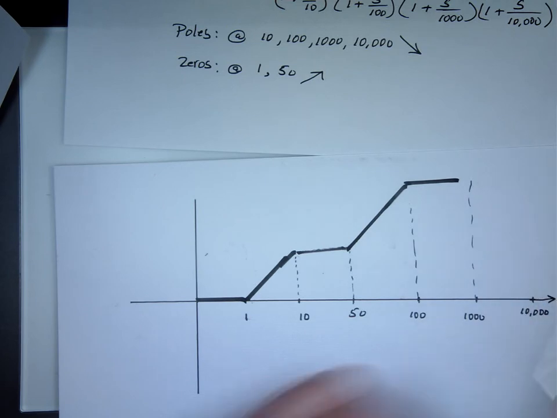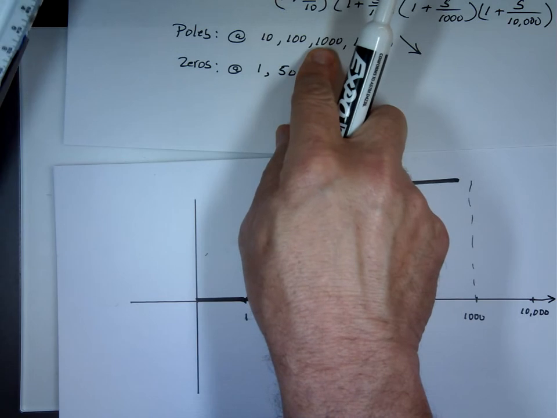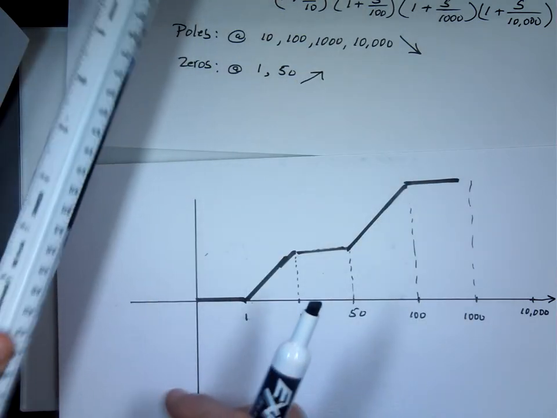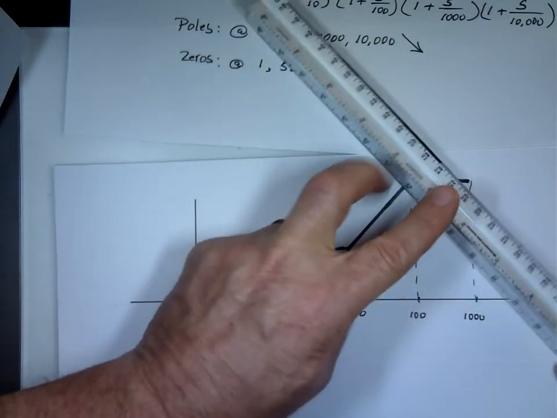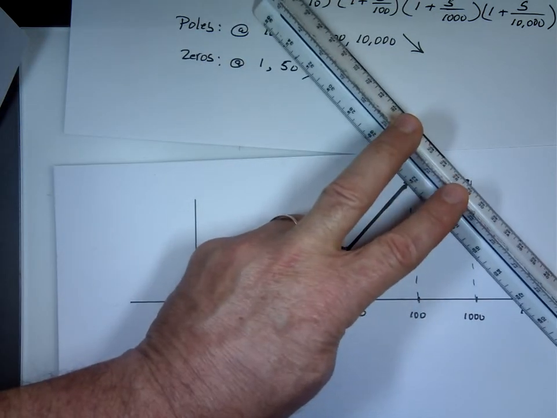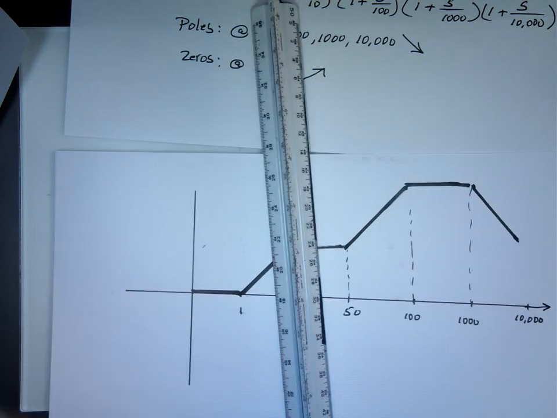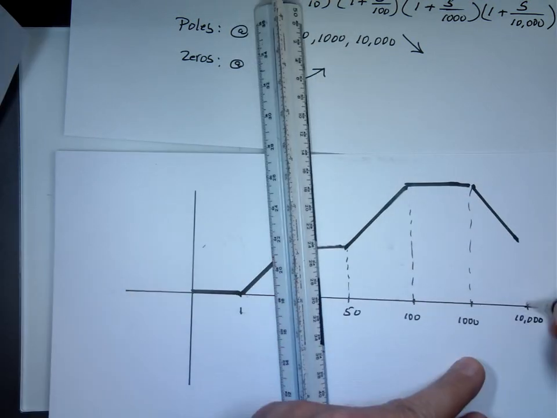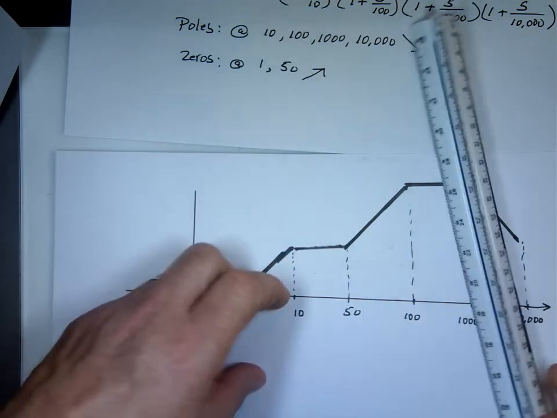You encounter another pole at 1,000. There's the 1,000 here. So what is the pole going to do? Bring you down at 20 decibels now, till we hit 10,000. And when you hit the 10,000, there comes another pole. So this will be much steeper now at 40.